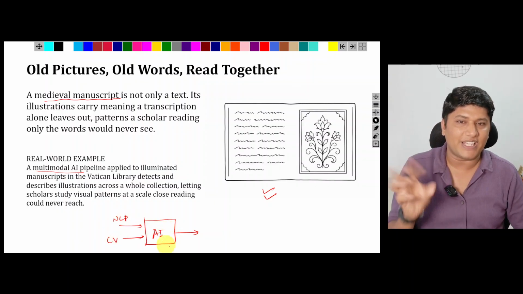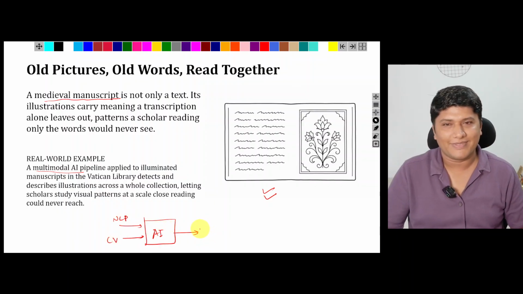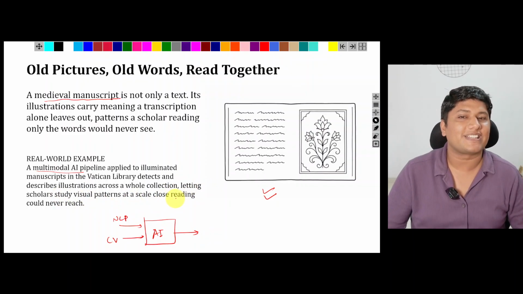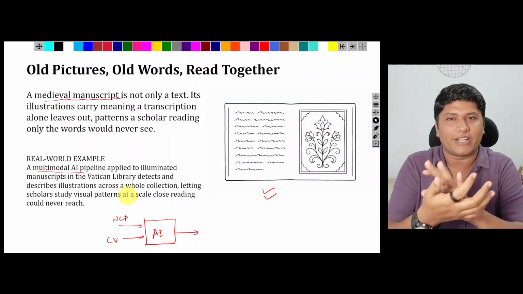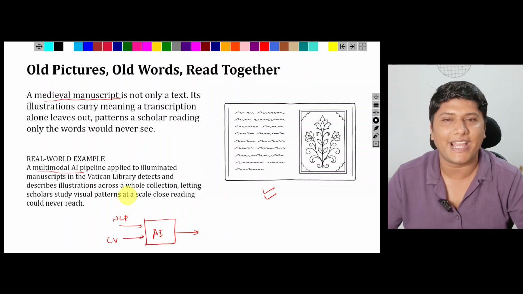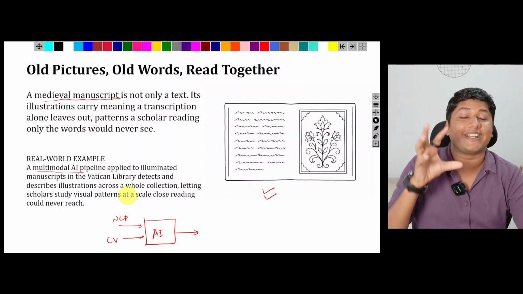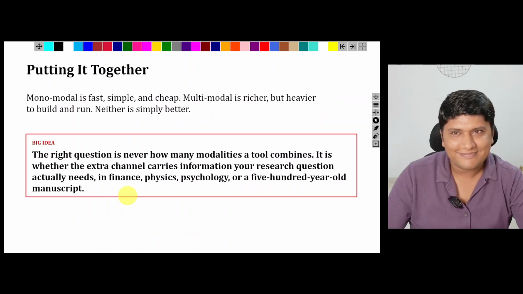So NLP and CV collectively make a multimodal AI. Okay, so then it lets scholars study visual patterns at a scale close reading could never reach. Close reading means I'm reading one book at a time. Multimodal AIs would be doing distance reading. You remember that word, right?